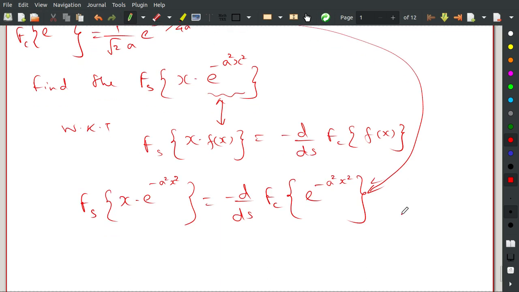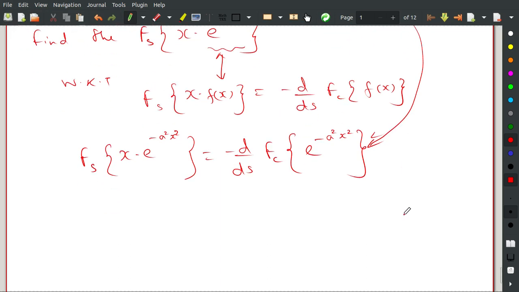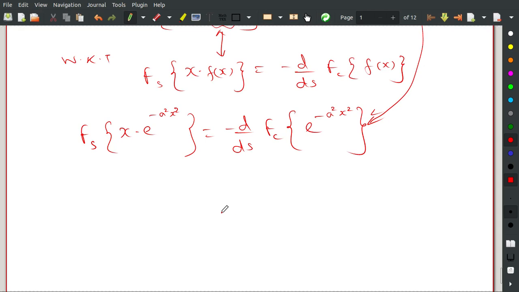Okay, so it is nothing but minus d by ds of 1 by root 2a into e power minus s square divided by 4a square.